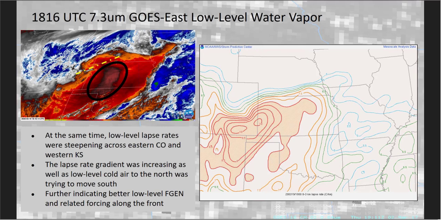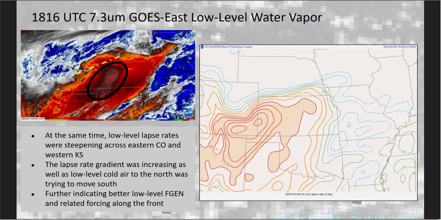So you can see that the lapse rates were steepening across eastern Colorado into western Kansas there, which kind of goes along with that low-level satellite picture from GOES 16. Cold air was well to the north of this, of course, although we'll see over time that the lapse rate gradient across southern Nebraska was starting to increase as the colder air was also moving south.